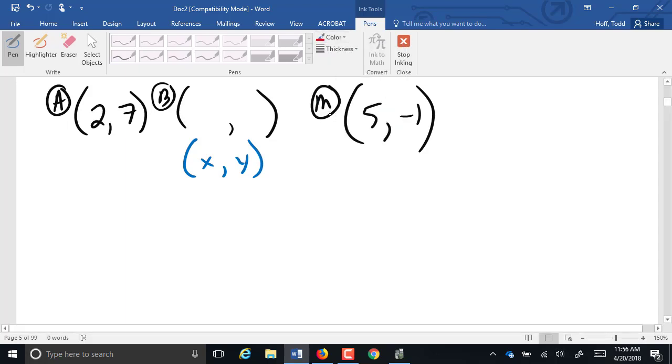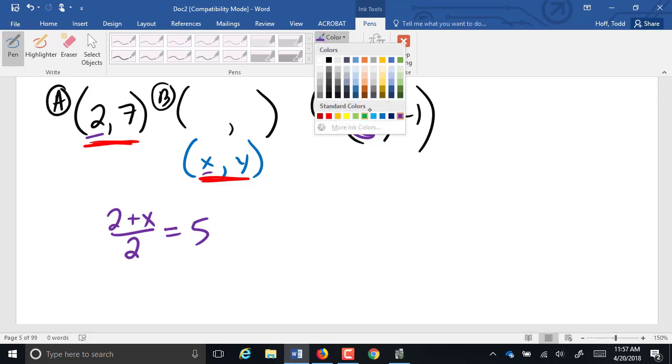So given these 2 points, these 2 endpoints, point A being 2, 7, and point B being simply xy, we would find the midpoint by averaging the 2 x-coordinates, 2 and x, so 2 plus x divided by 2 would give us the x-coordinate of the midpoint. Well, we have that coordinate. It is 5. So that gives us an equation that we can solve to find that x-coordinate.